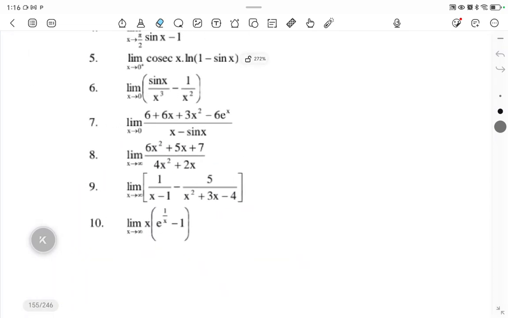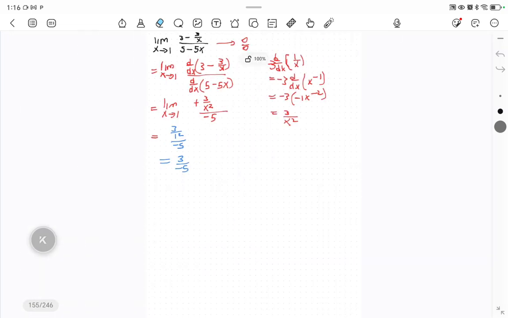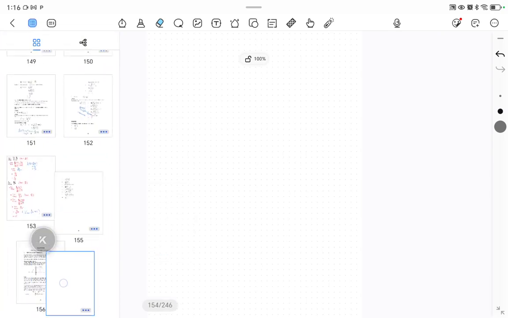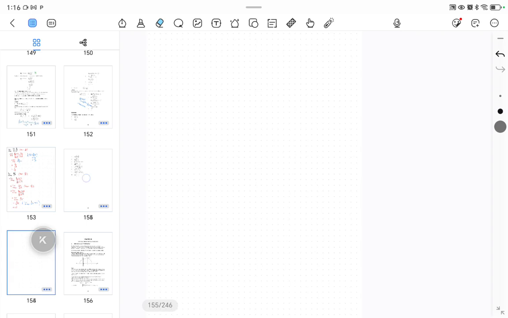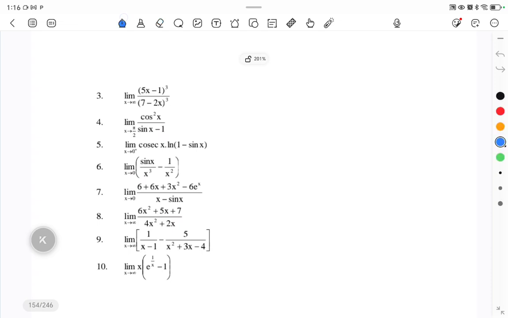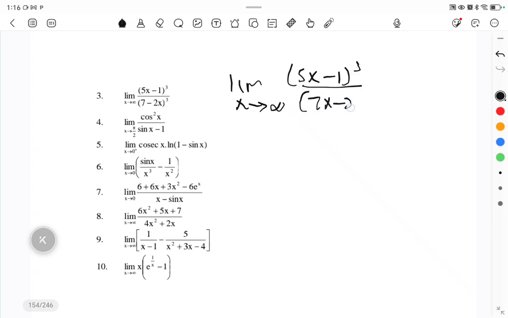we look at the third one. We have here the limit as x approaches infinity of 5x minus 1 to the third all over 7 minus 2x to the third.